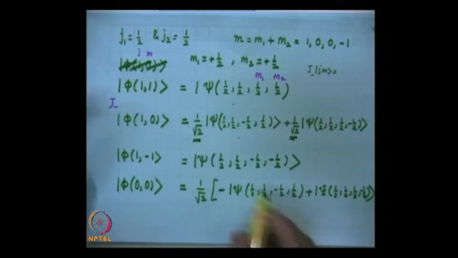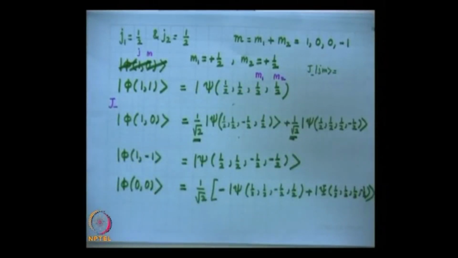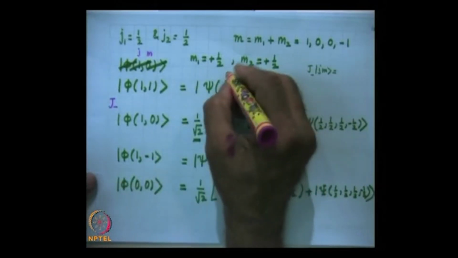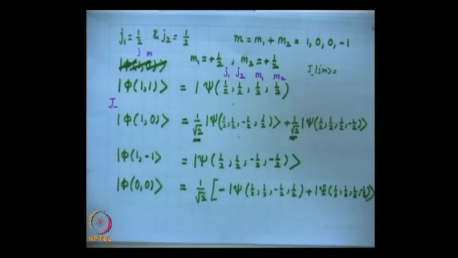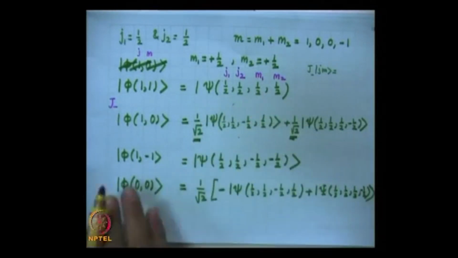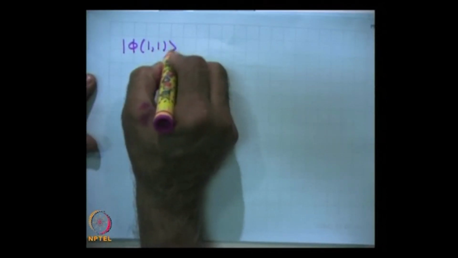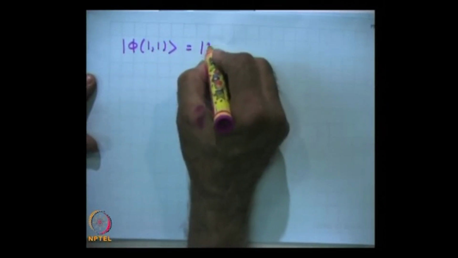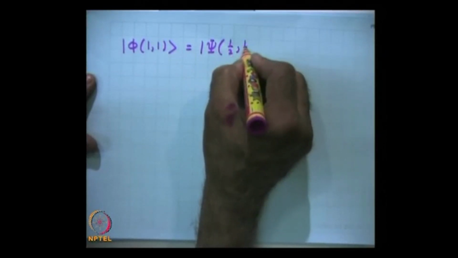So, finally, the values of J1 and J2 are repeated everywhere, and therefore, one omits them and one writes as psi half. So, let me rewrite this. I get phi 1, 1 is equal to psi half, half.